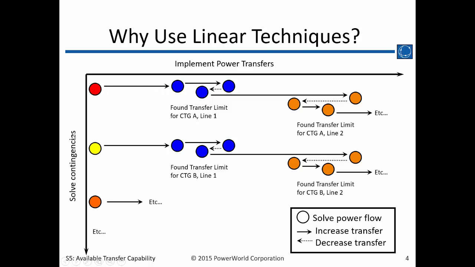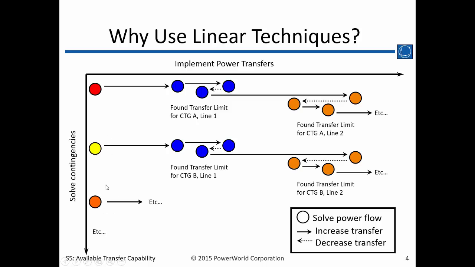So if you have a bunch of different contingencies and a bunch of different possible limiting elements like lines or interfaces that could be limiting that contingency, it can consider all of them by first doing a linear estimate of, for example, the most limiting element and most limiting contingency, which would be represented up here, and then it can iterate to find limits that are defined by different transmission lines or different interfaces for that contingency, and then repeat the process for multiple contingencies.